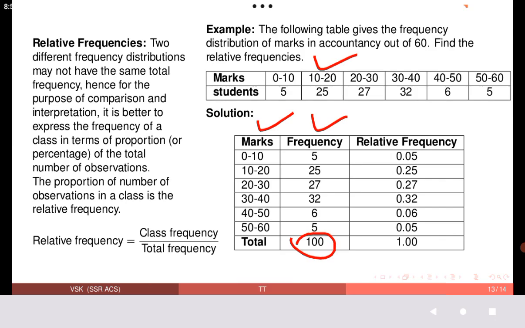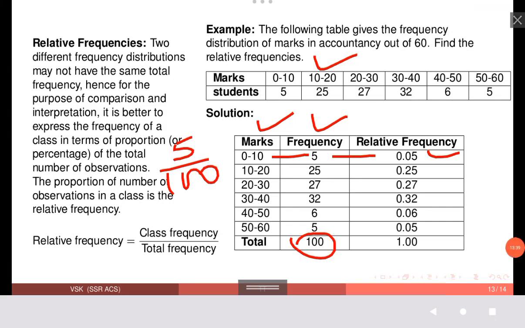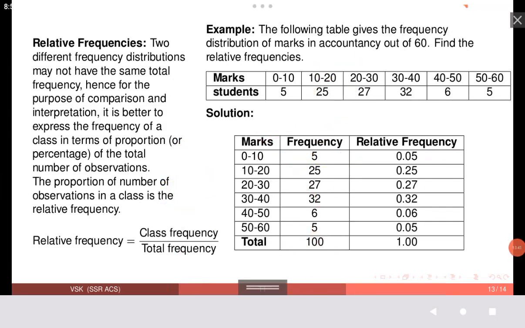So for the first class interval, the relative frequency will be 5 divided by the total frequency 100, so it becomes 0.05. For the second class it is 25, divided by the total frequency 100, so it will become 0.25.